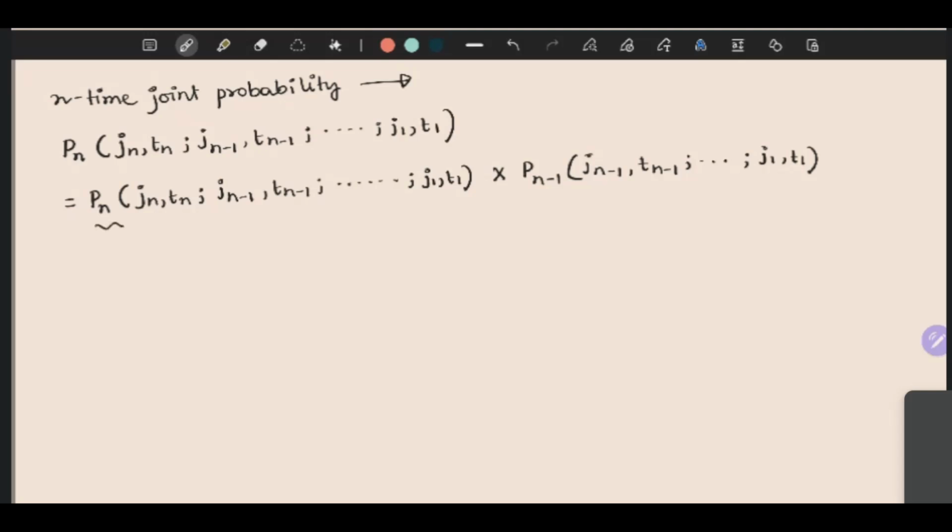So this is the conditional probability of this happening. What is the probability of this happening?